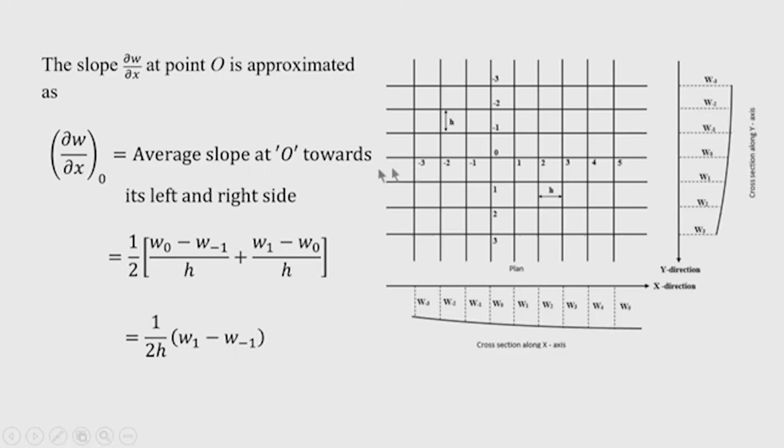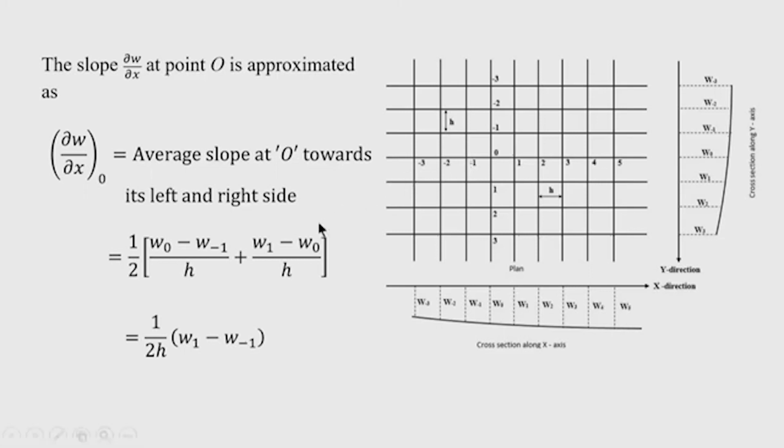So we take dw/dx at node O as the average slope at O towards its left and right side. Now let us calculate the slope using the displacement value on the right hand side, and the slope using the displacement value on the left hand side.